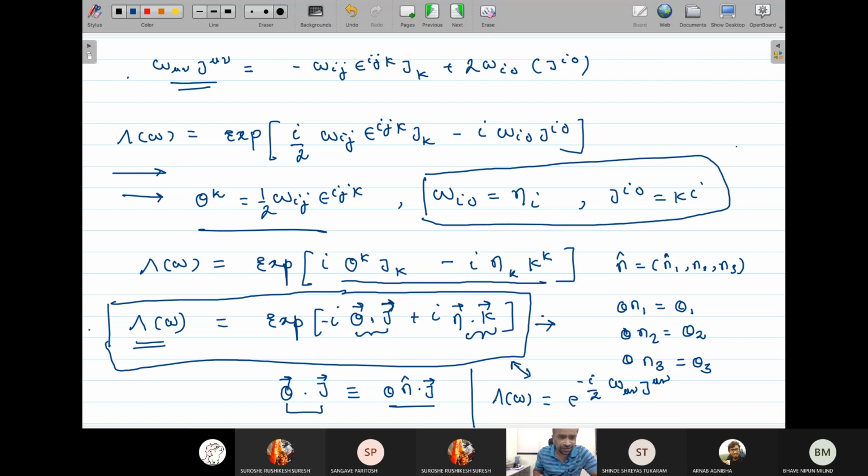I repeat, this Lorentz transformation is still in the coordinate space. What do I mean by that? This will act on the four coordinates.